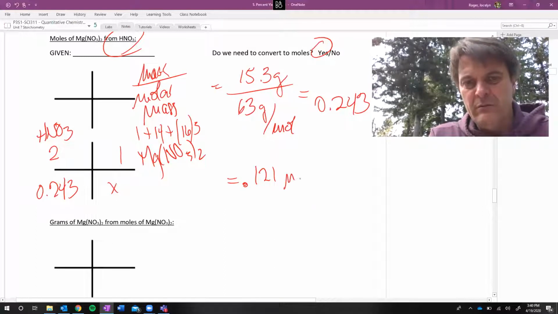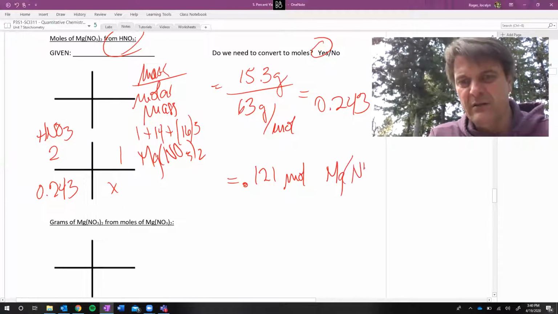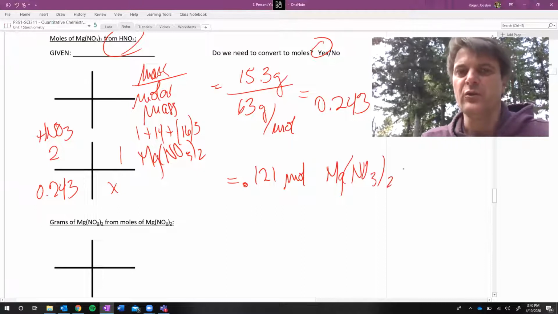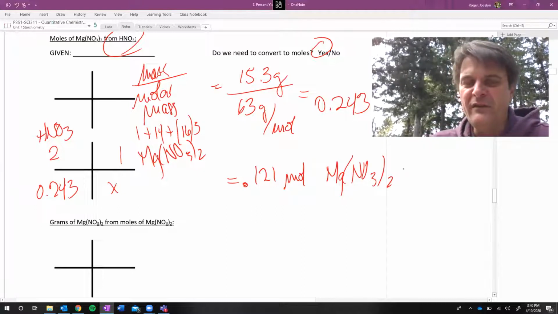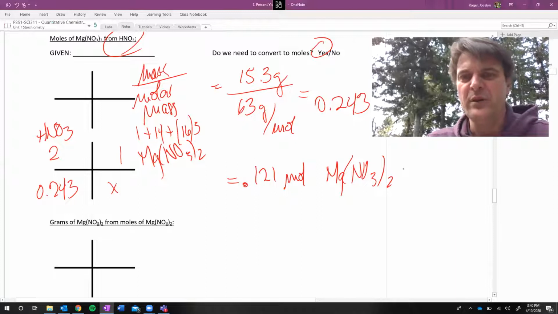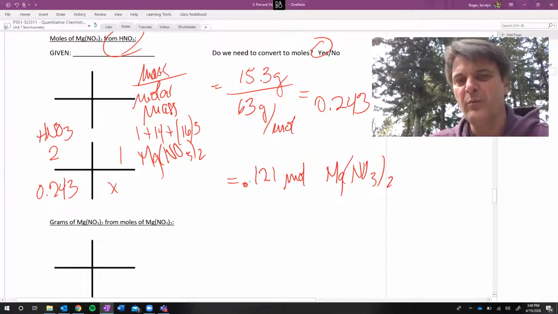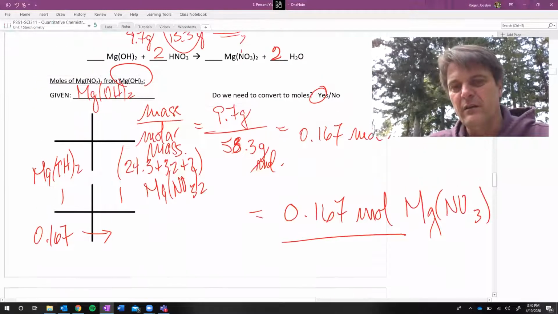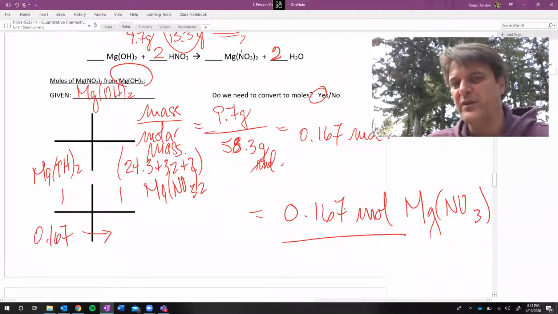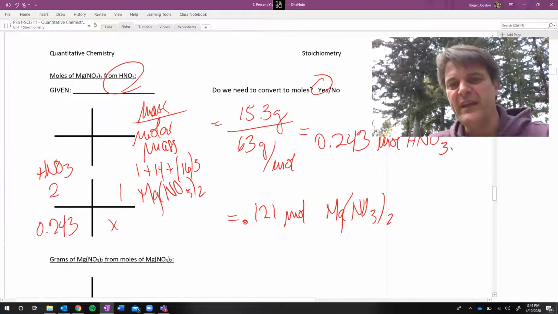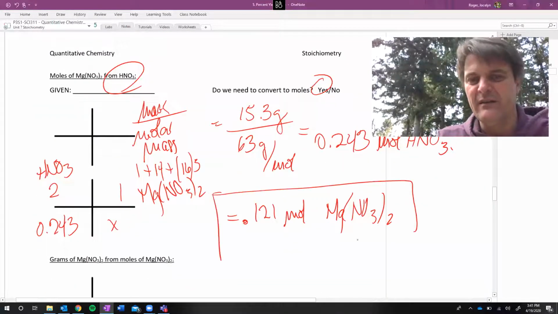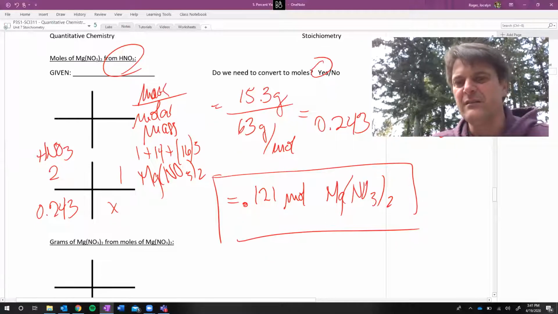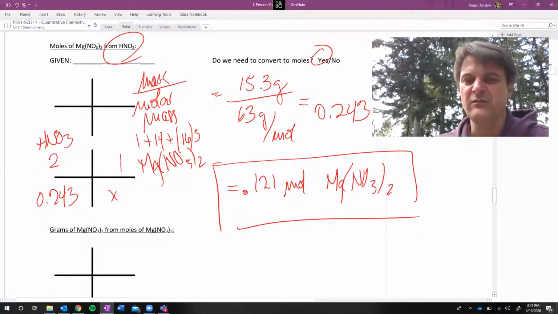0.121 moles of Mg(NO3)2. We have enough nitric acid to make 0.121 moles. That's less than 0.167. So what that tells us is that nitric acid is the limiting reagent.